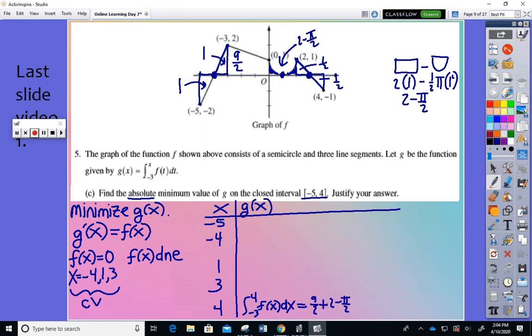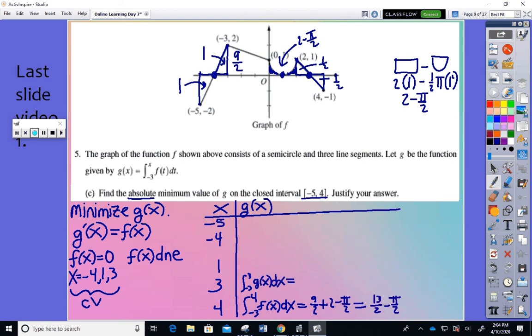And then from 2 to 4, it looks like those areas cancel each other out, so I'm done. And I can clean that up, of course. 9/2 plus 4/2 is 13/2 minus pi over 2. Okay, so if I plug in 3, then I'm going to do the integral from -3 to +3 of f of x dx.